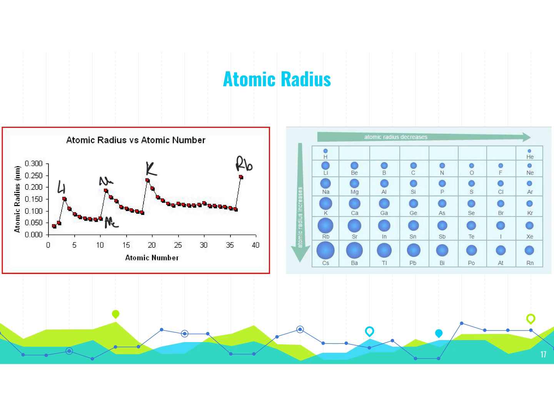And if we look here at this table of atomic radii, what we can see is that radius decreases as you go to the right, as you increase the atomic number, and then it increases as you go down.